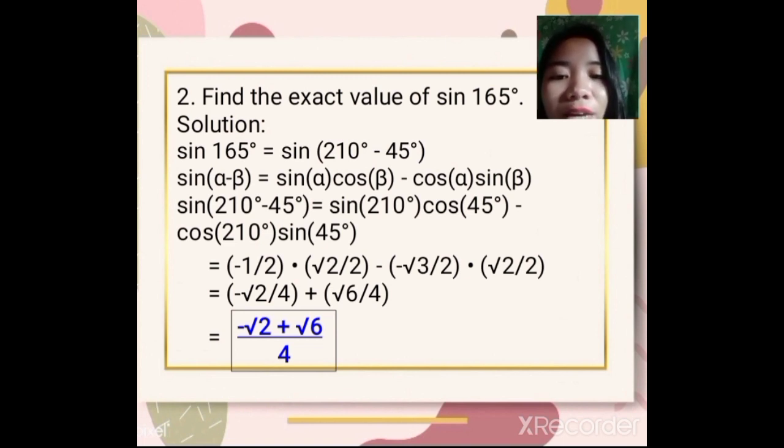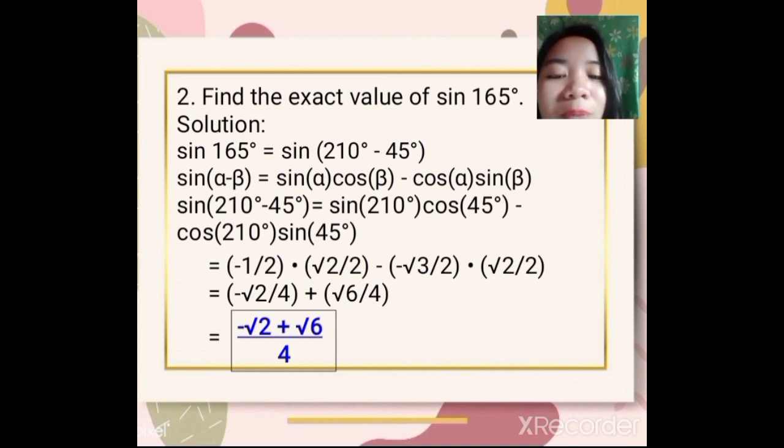So, multiply. So, we have negative 1/2 times square root of 2 over 2. So, we have negative 1 times square root of 2, negative square root of 2. 2 times 2 is equal to 4. So, we have negative square root of 2 over 4 plus.